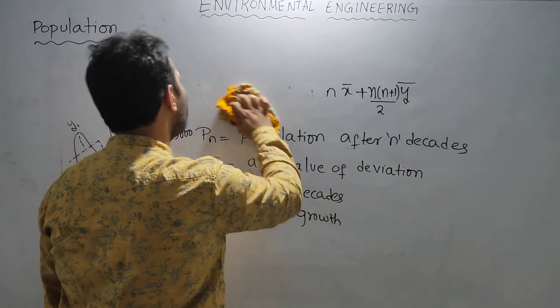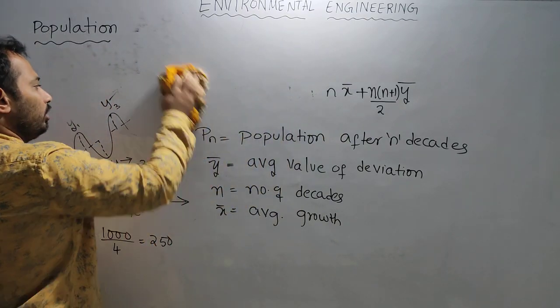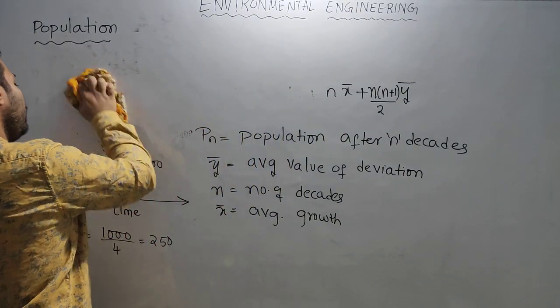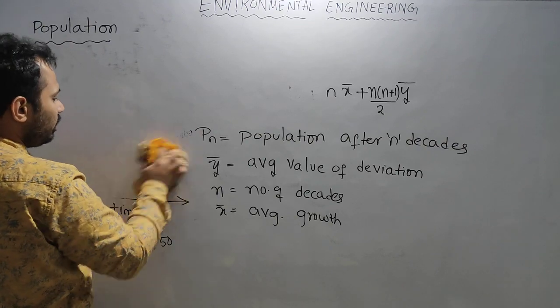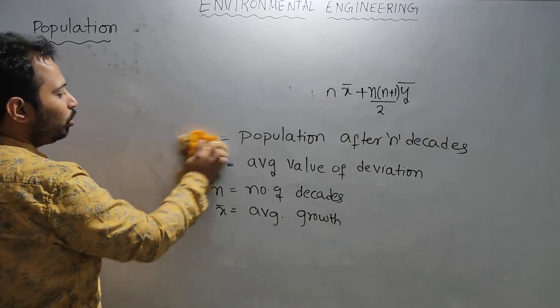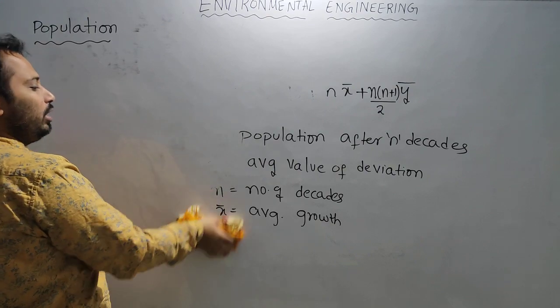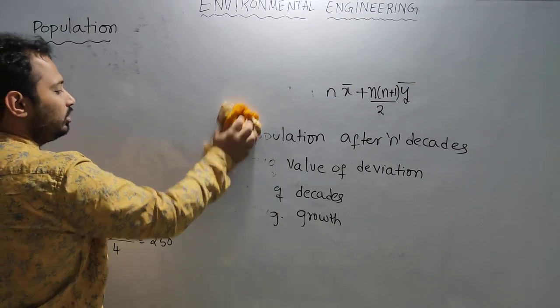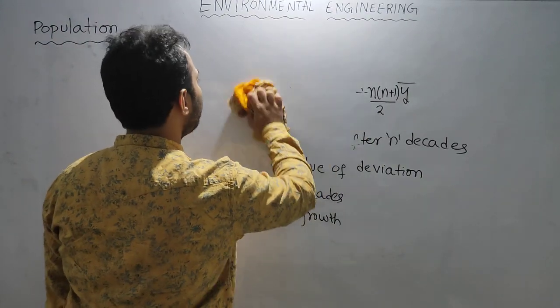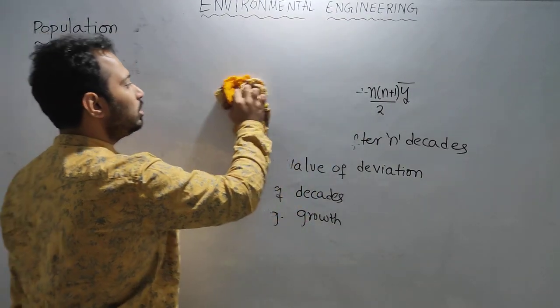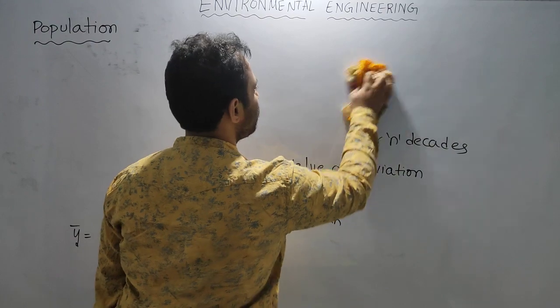It cannot accommodate any growth further. In that case, the growth rate will be present, but it is decreasing. For example, this decade the growth rate is 10%. Next decade the growth rate is 8%. That means there is a declination of 2%.